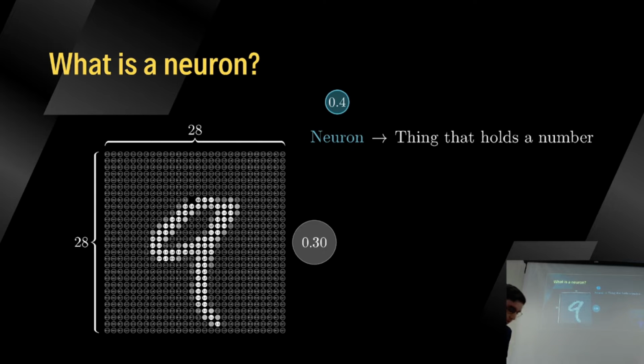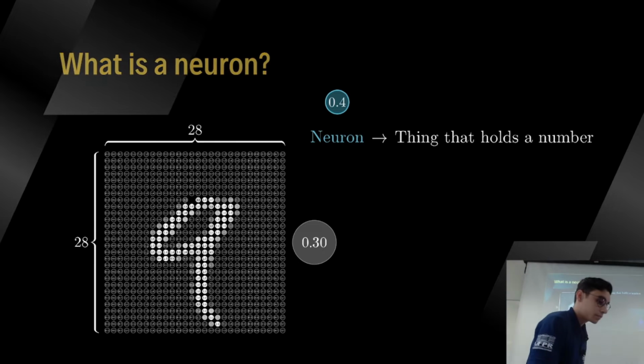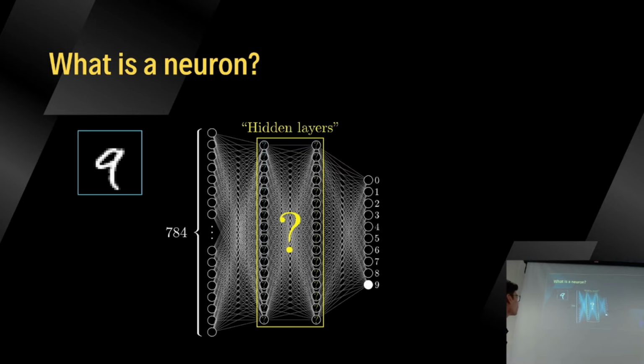Here is the disposition of the layers. We have an input layer, an output layer, and we can have hidden layers. You can choose 1, 2, 3 hidden layers, and we can choose the number of neurons in each layer.